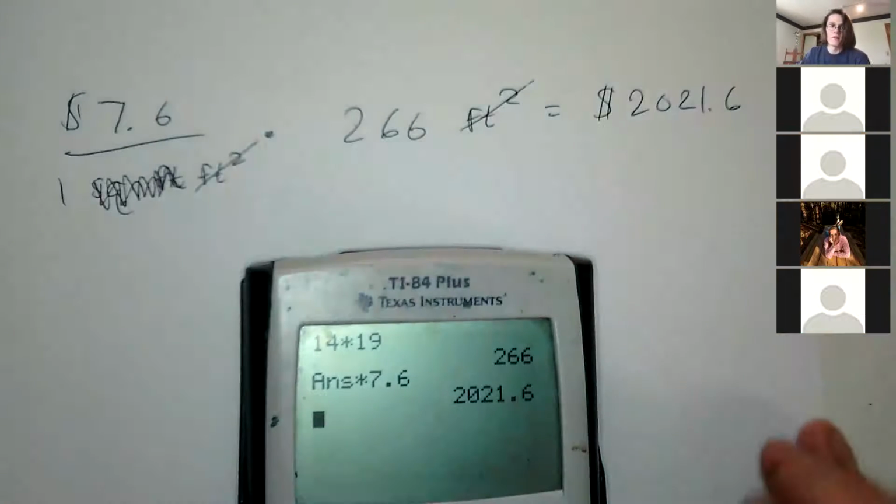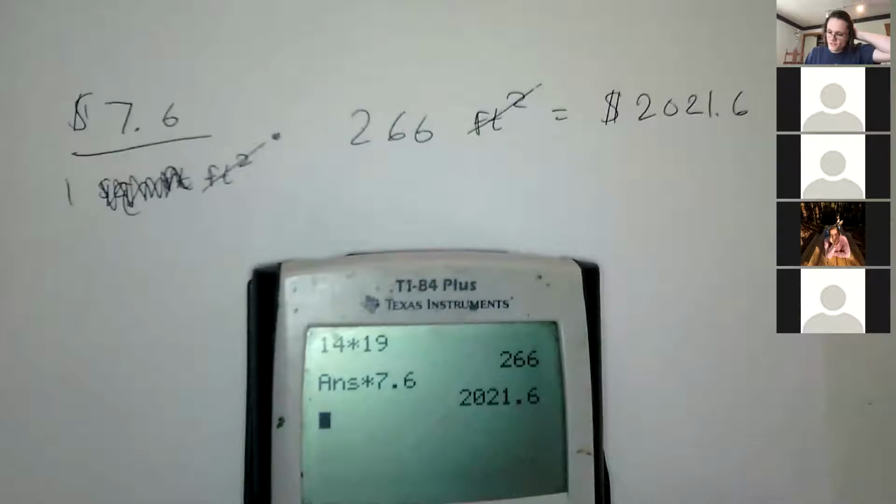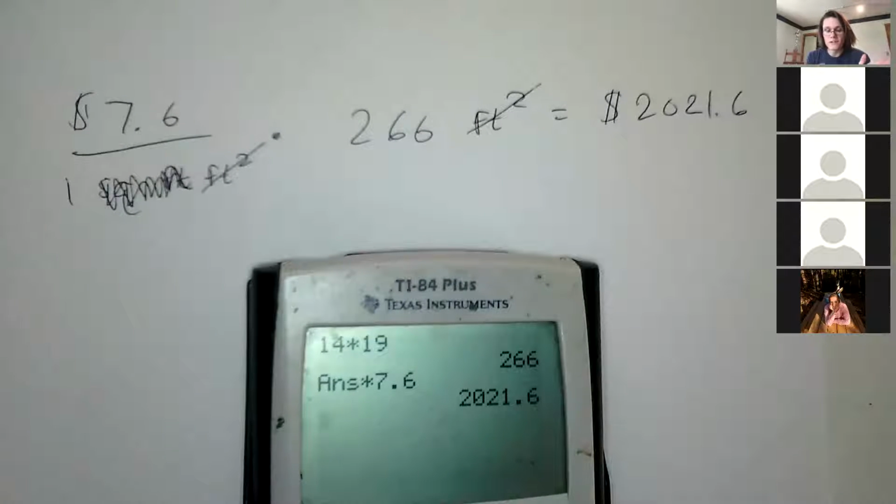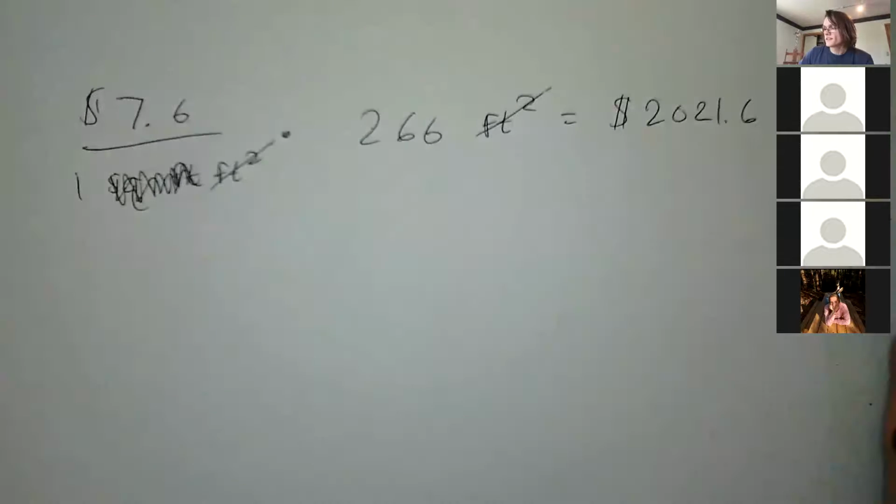$2021.6. All right. So assuming it costs the same per square foot as it does for the 14 by 20 foot patio, it should cost around $2,021.60. All right. So it's kind of cool. Again, in a real life kind of situation, this might be different because you have to take into consideration maybe the 15 by 21 has more features in it.